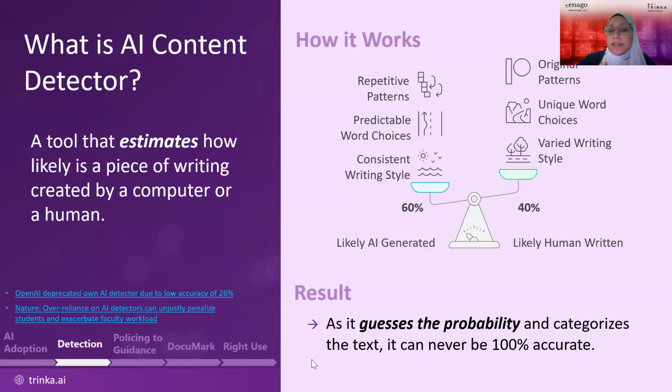Because if I'm a student and I made something using my own words, using my own intellect and my own genuine writing and effort, and I present it to my professor, and just because I'm not a native speaker of English, for example, just like me, I'm not a native speaker of English, the professor thinks it's made by AI because AI content detectors simply cannot understand that native speakers write in a different way than non-native speakers.